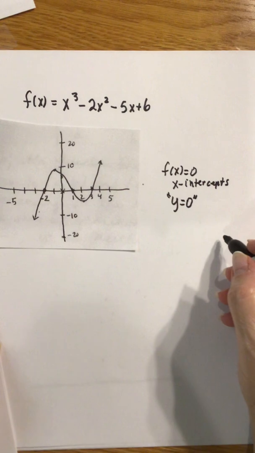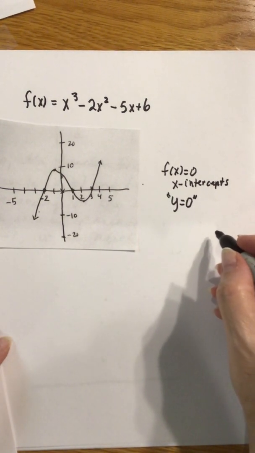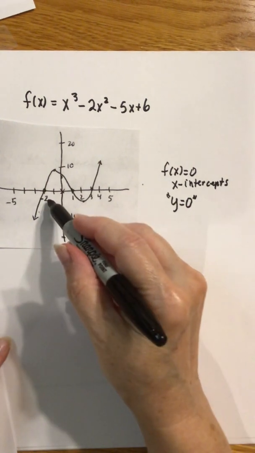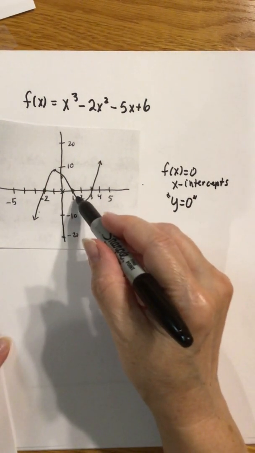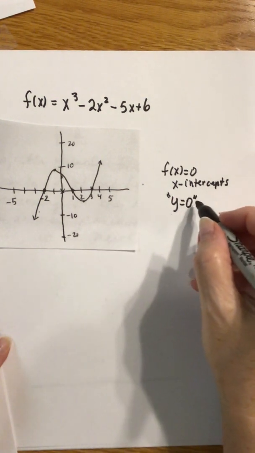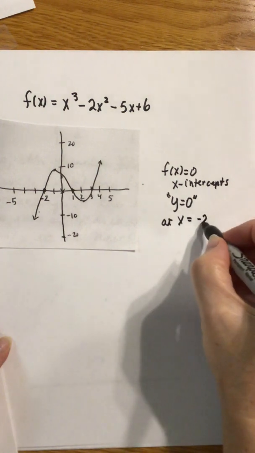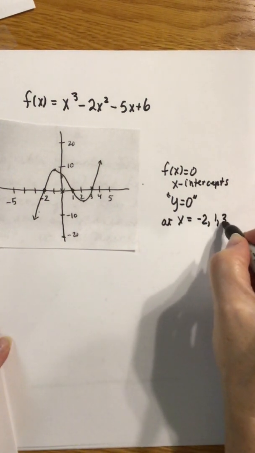So we look at the graph, and what x values make y equal to 0? Well, we can see that we have negative 2, positive 1, and a positive 3. So y is equal to 0 at x equal to negative 2, 1, and 3.